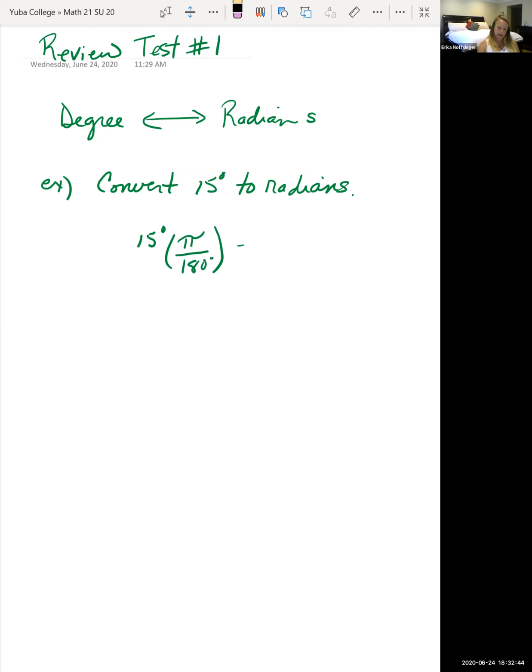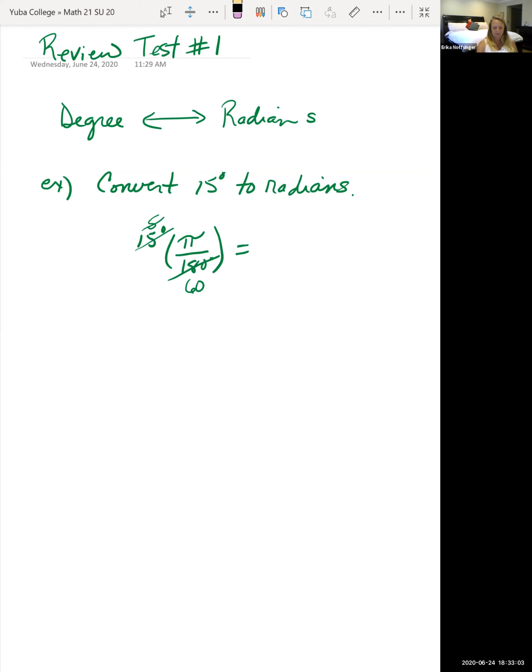We can reduce this. If you don't see how many times 15 goes in there, you can do long division, or break it down into littler pieces. Like I know 3 goes into 15 5 times, and 3 goes into 18 6 times. So this would be 60.